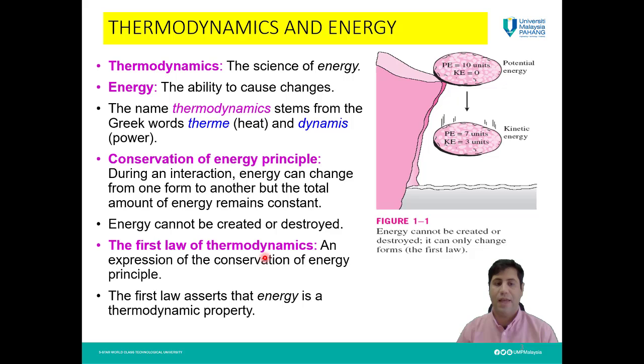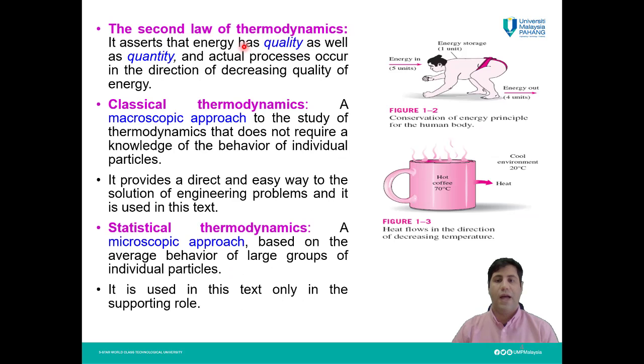It is an expression of the conservation of energy principle. The first law asserts that energy is a thermodynamic property. As you can see here, it deals with energy. The second law of thermodynamics, which is also important, asserts that energy has quality as well as quantity.